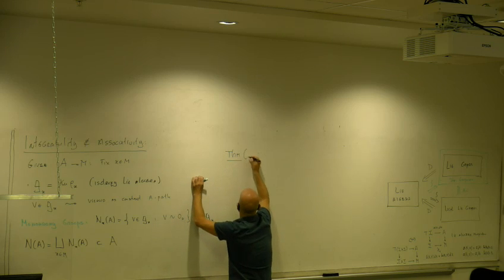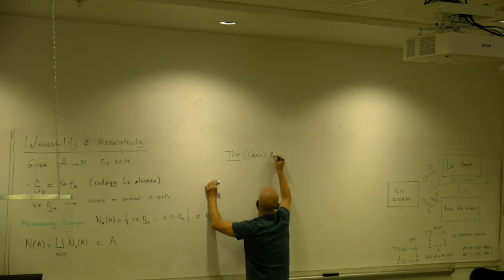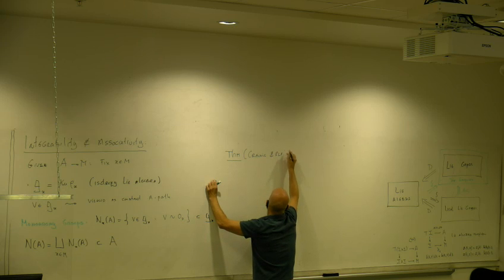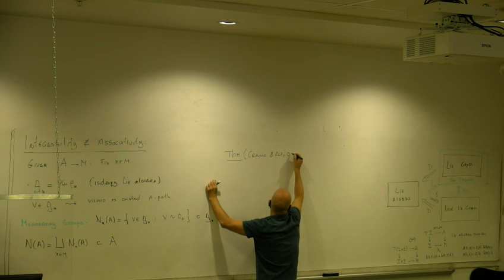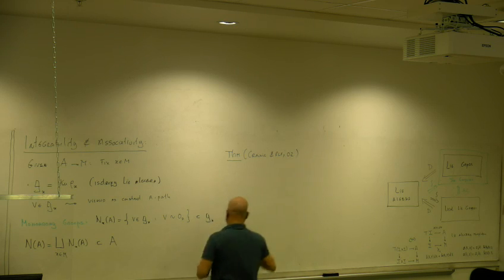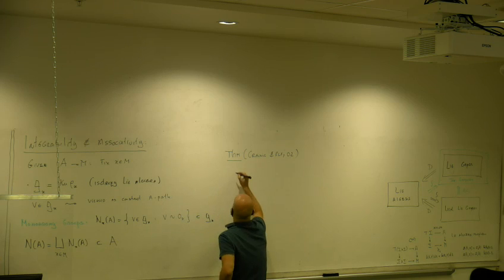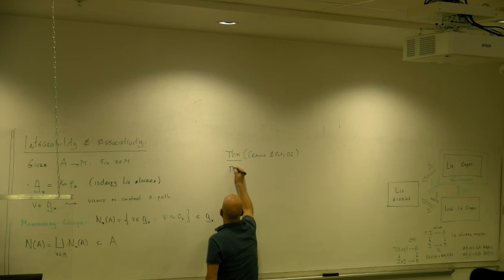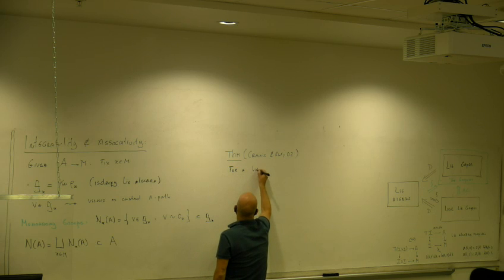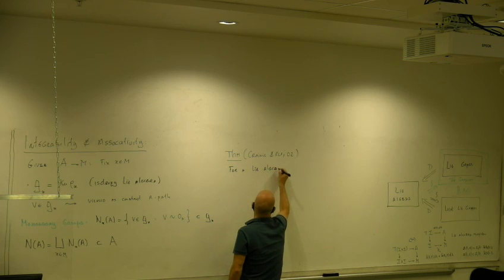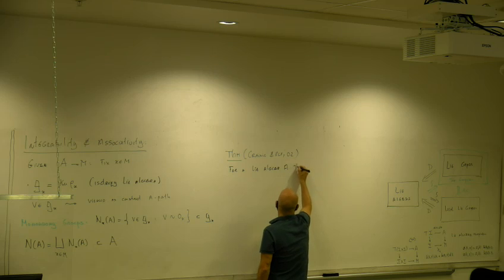So this is by Crainic and Fernandes. This is very old. This is 2002 or 2003 or whatever. And it says the following for the algebroid A, the following are equivalent.